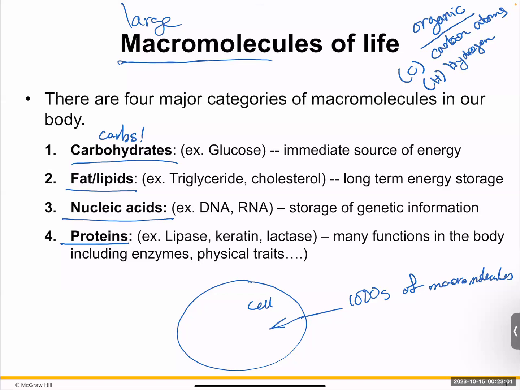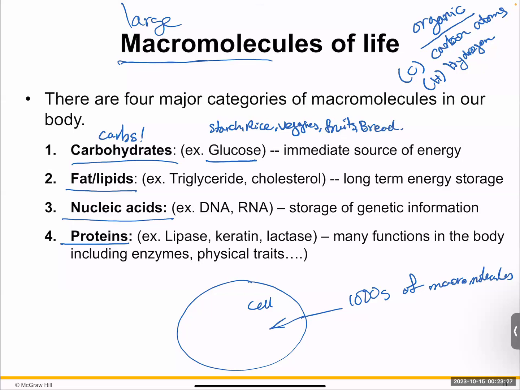We have carbohydrates. The best example of it would be glucose. Sources of carbs are things like starch, rice, veggies, your fruits, bread. All of these are identified as carbohydrates.